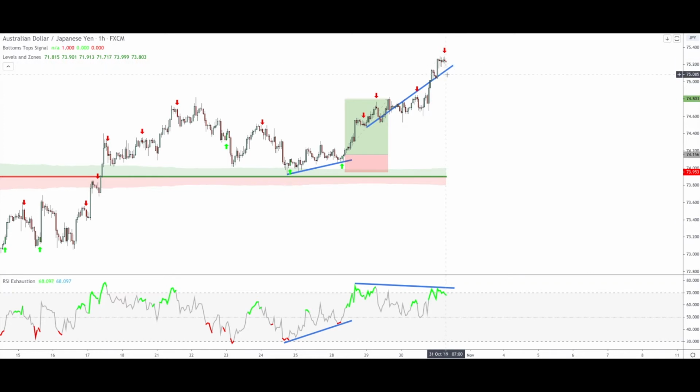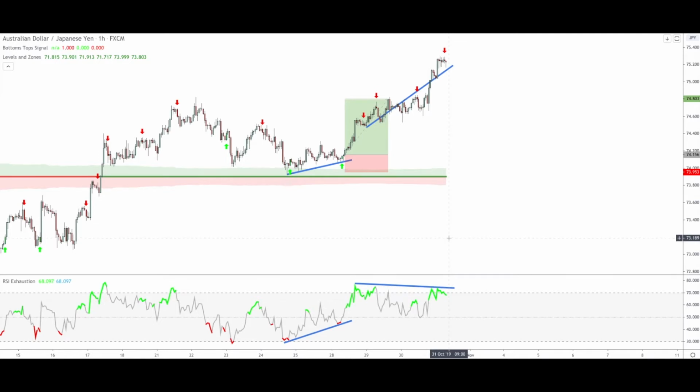So it means that we have divergence, and as we always look, the first condition is to have divergence. We have a significant divergence because the price is going way higher than the RSI, which is actually pretty flat, if not slightly moving to the downside. So the first condition is checked.